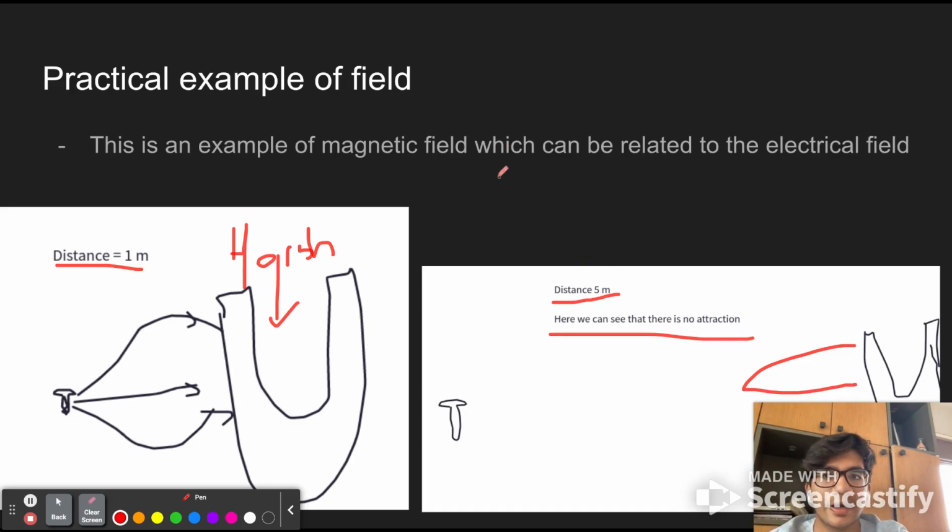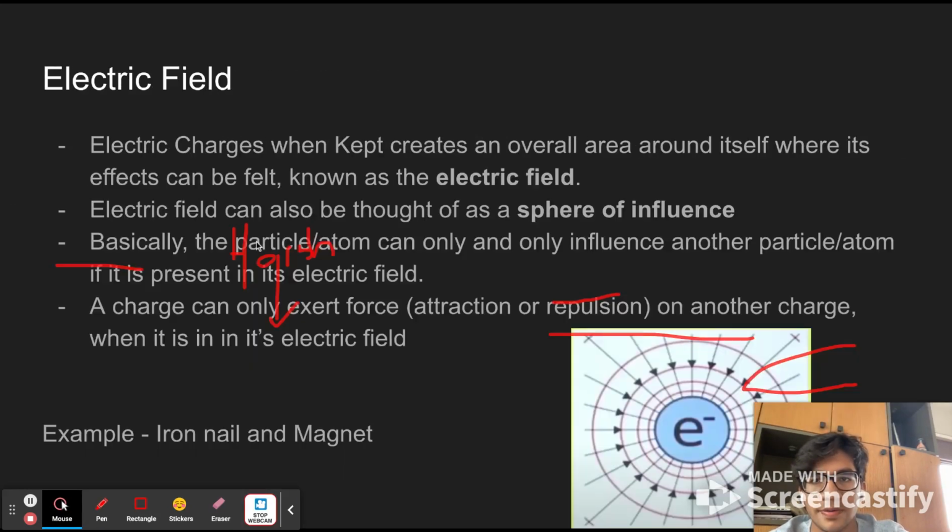Electric field is also somewhat like this: as we studied on the previous page, if another particle or atom is present in the sphere of influence, then and only then will it exert any force.